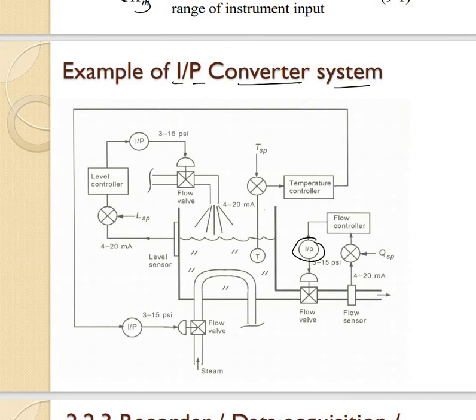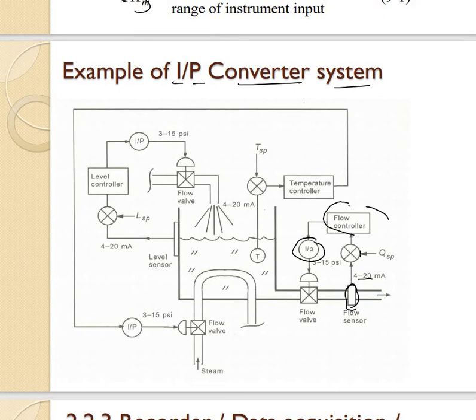So just now, remember, the sensor will read the physical value of the process variable, and the transmitter will transmit that value as an electrical signal. This electrical value will be sent to the controller and converted into binary numbers.